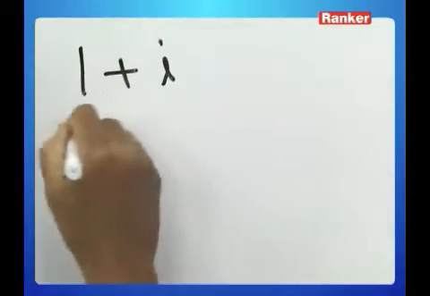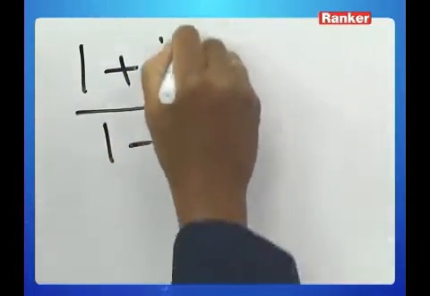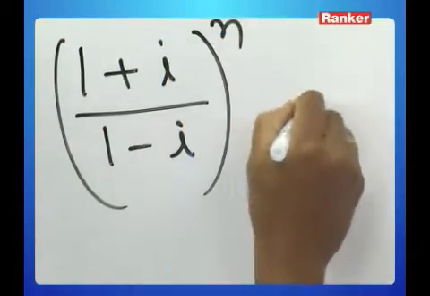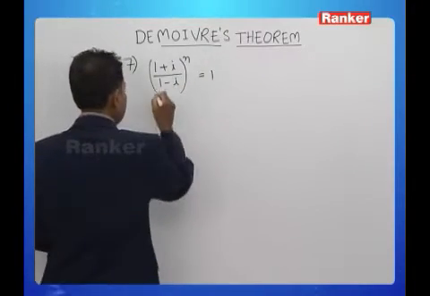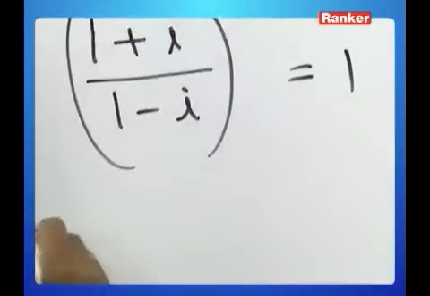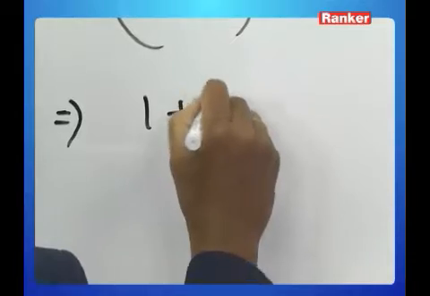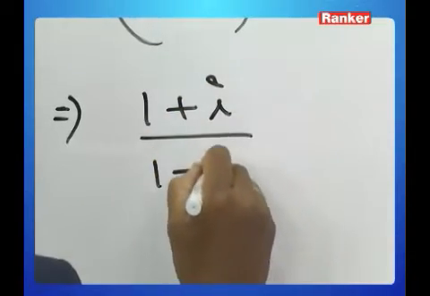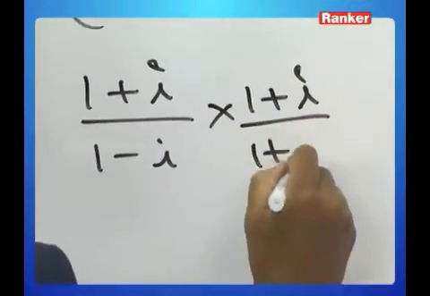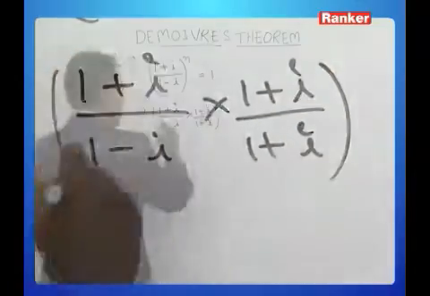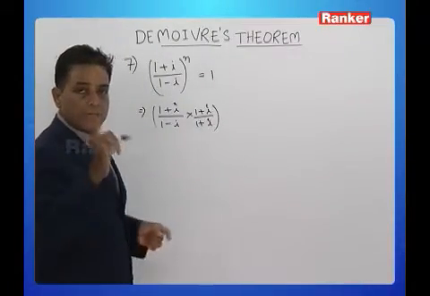(1 plus i by 1 minus i) whole power n is 1. What is the least integer value of n? First I am rationalizing the denominator, multiplying with the conjugate, because we don't allow imaginary in the denominator, just like rationalization.